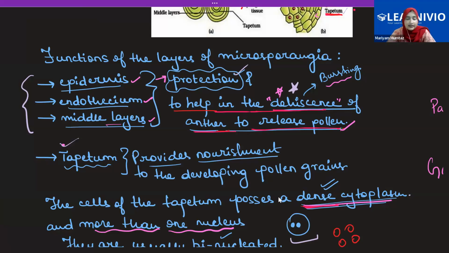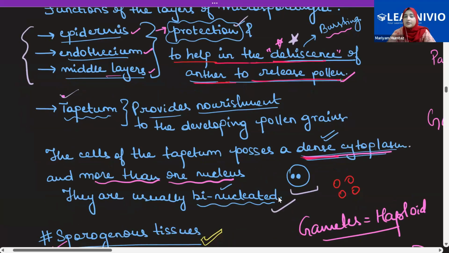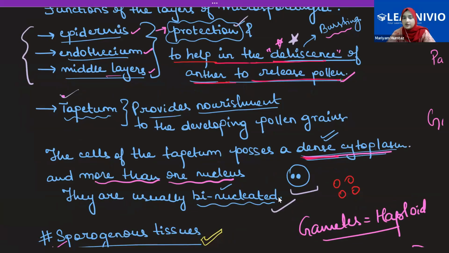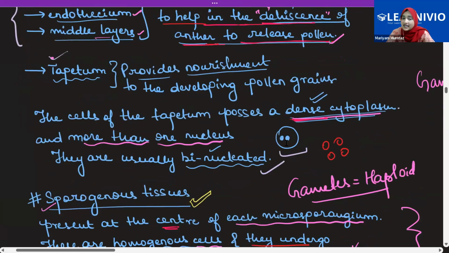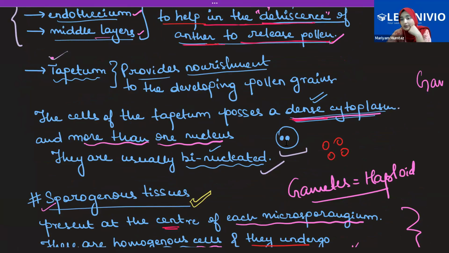Then the last layer, which is the tapetum, provides nourishment to the developing pollen grains. The cells of the tapetum have a dense cytoplasm and sometimes they contain more than one nucleus. Many times they are binucleated. More nuclei means more function. It will provide nutrition to the developing pollen.